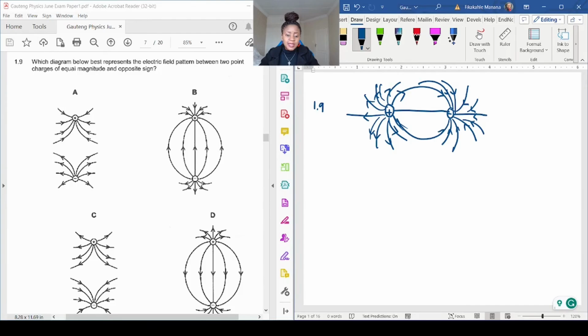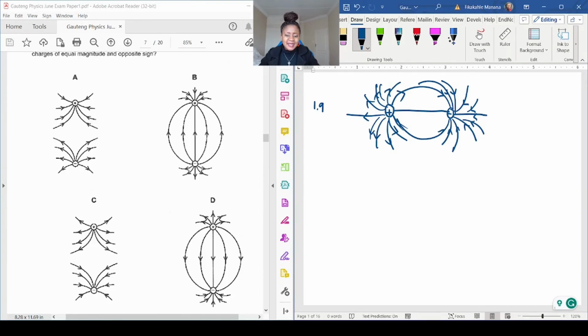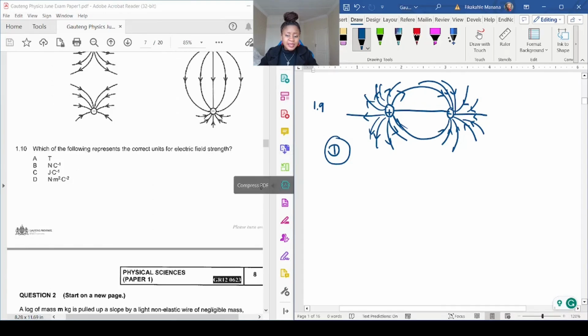And if we look closely, B has the field lines going in on the positive side, which is incorrect. They should be going in on the negative side. So actually D should be your answer and not B. All right. So 1.9 is D.